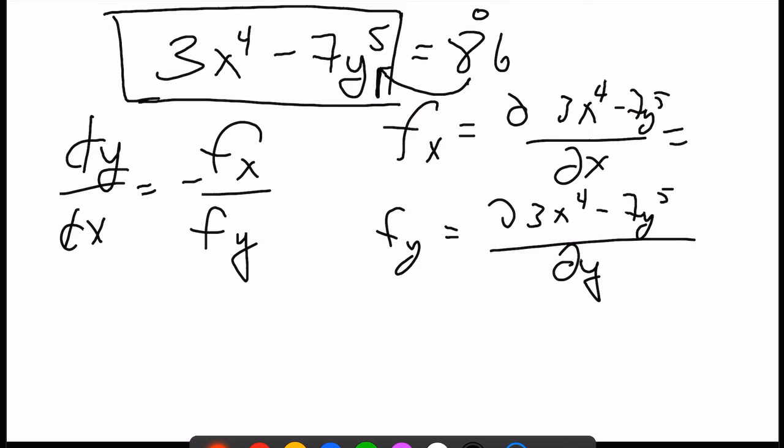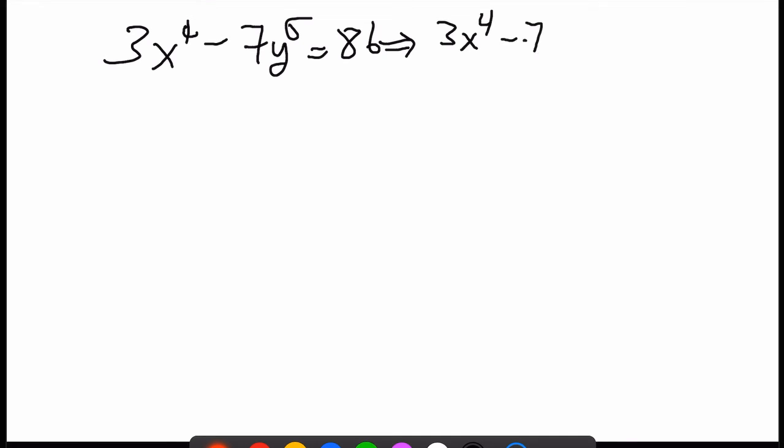That's equal to 12x cubed, yes? I believe. And what's this one equal to? This is minus 35y to the 4th. Okay? So again, I have this equation. But the 86 is just going to always drop out of the equation anyhow because it's 0, right?